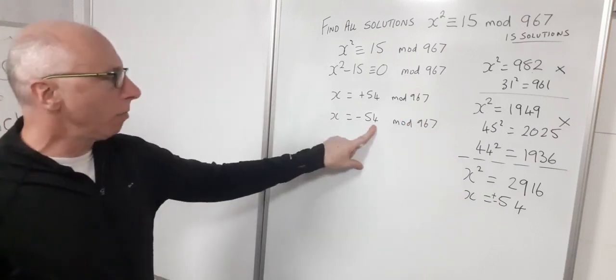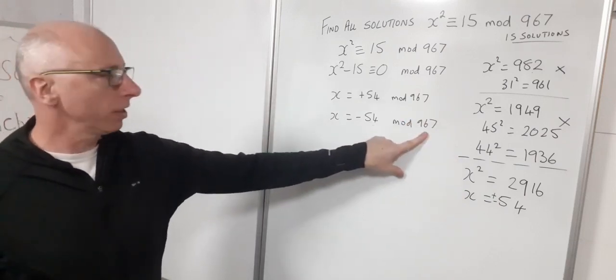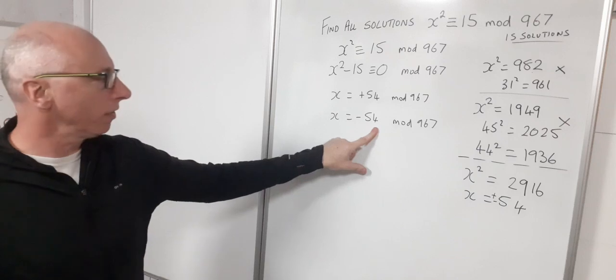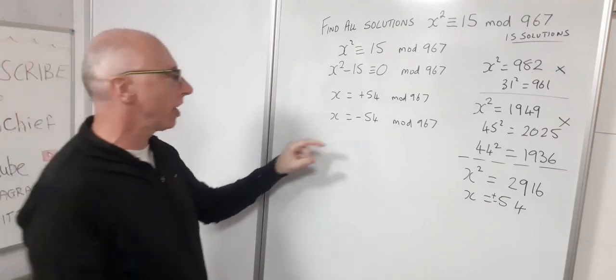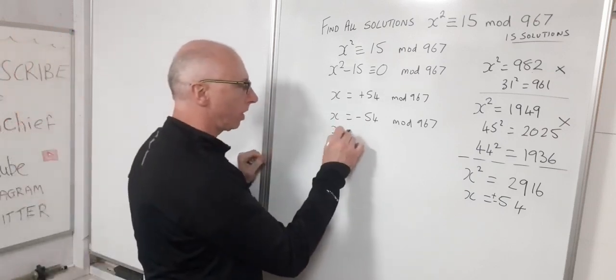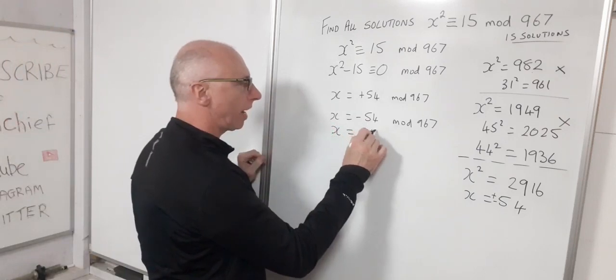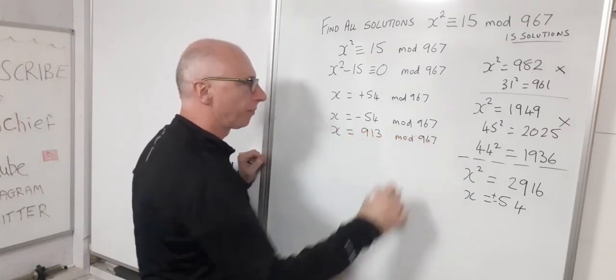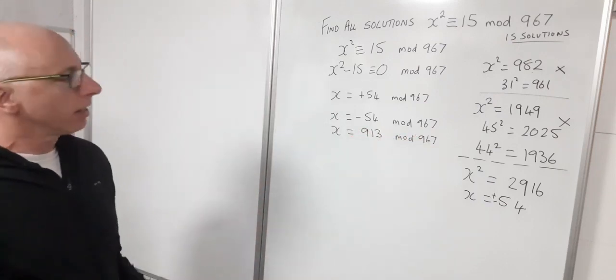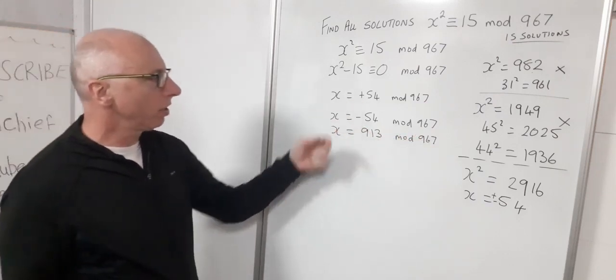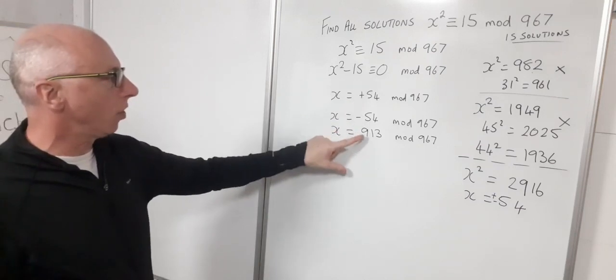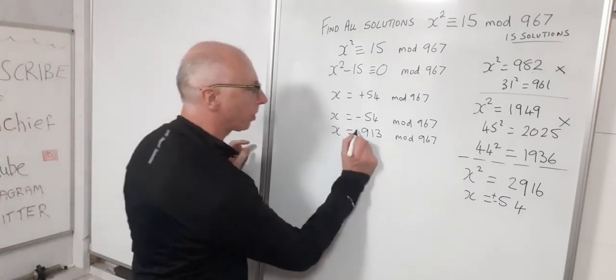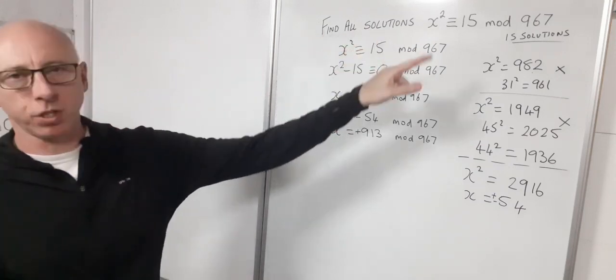Okay, well, minus 54 modulo 967, let's turn that into a positive, so we need to add 967 onto that. So therefore this one will give us x equals 913 modulo 967. Okay, so that's our first results there, 54 and 913, both positive numbers. But we want all the solutions.